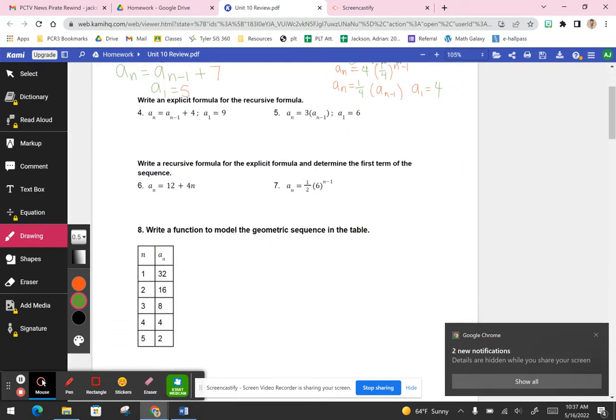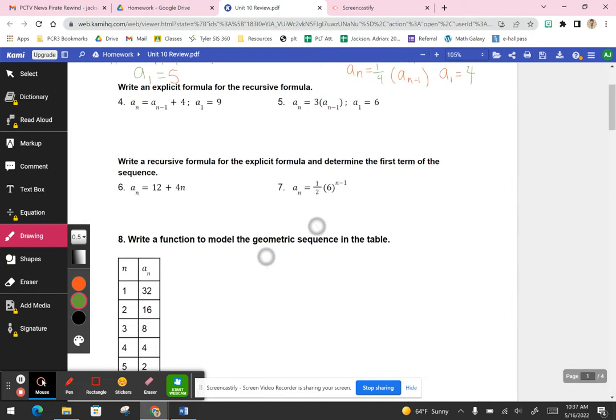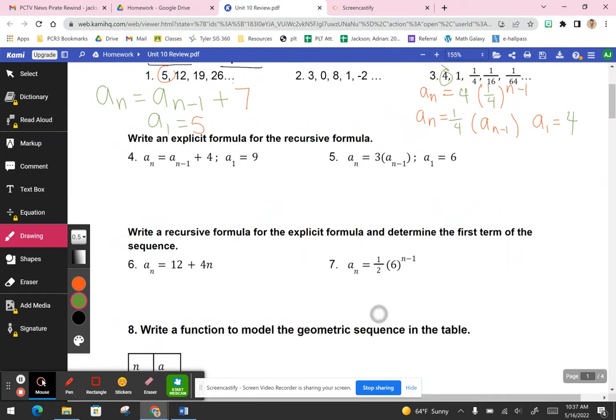Okay, now on 4, 5, 6, and 7, you are just going from one formula to the other. So I'll just give you some hints on these ones. So for number 4, they give you your A1, so that's pretty easy just to plug into your formulas. You're just going to put 9 where A1 is. Your difference is the 4, so this is your D, and then this is your A1. And you're really just replacing those.